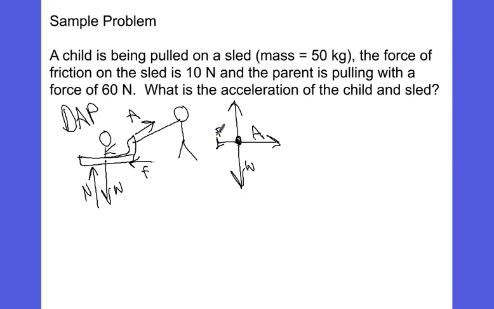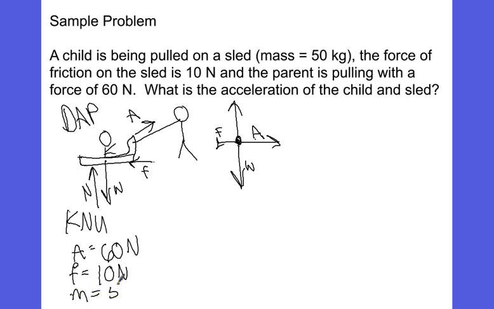Okay? My knowns and unknowns. I know that the applied force is equal to 60 newtons. I know the friction force is equal to 10 newtons. I know the mass of the child and the sled together is 50 kilograms. I guess that's all I know.